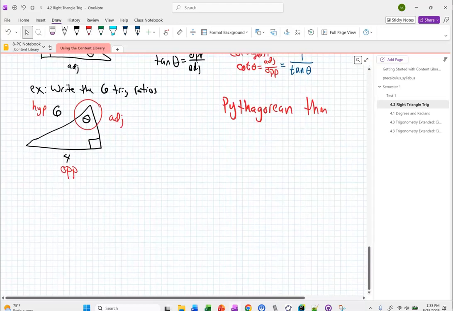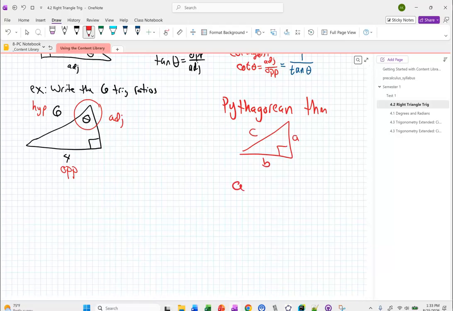And the Pythagorean theorem says for a right triangle with side lengths A, B, and C, where C is the hypotenuse, that A squared plus B squared equals C squared. So it doesn't matter which leg you call A or B, that part is irrelevant, but the hypotenuse absolutely has to be the C. Right?